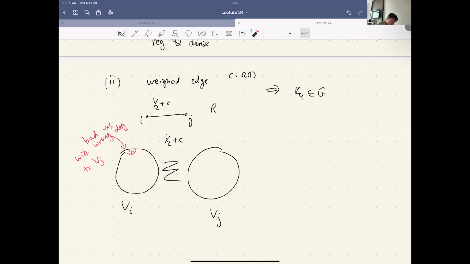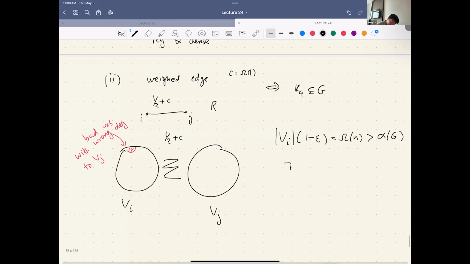But the remaining, since Vi times (1 minus epsilon) is linear in N, obviously, which is bigger than the independence number of G, so you can find an edge. Let's call it x1, x2. So we have an edge inside here where the endpoints are typical vertices.